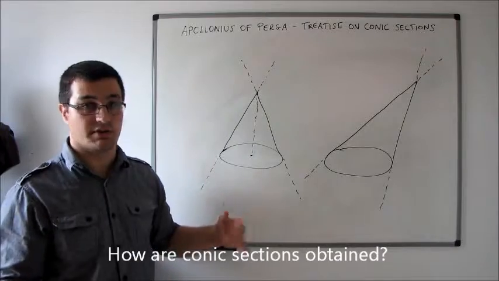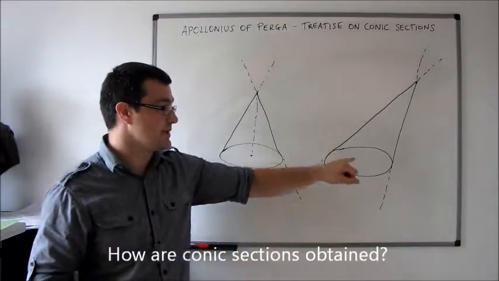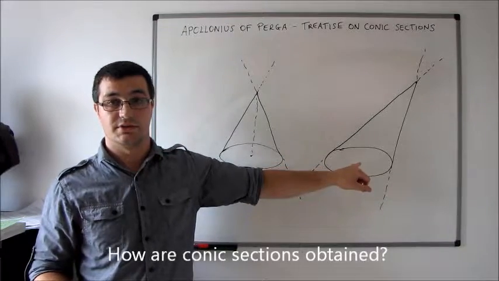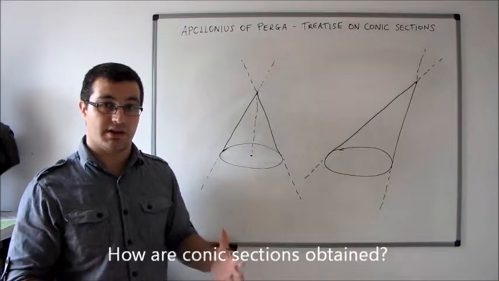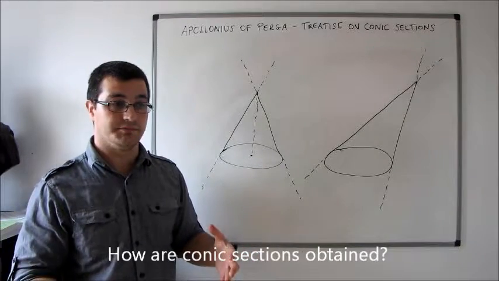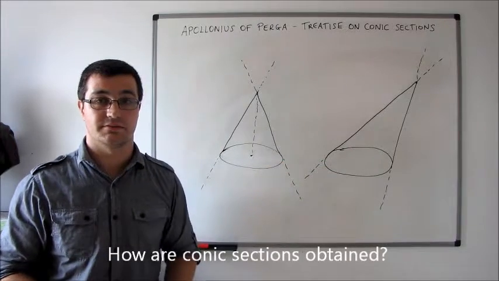But mostly in Apollonius's work, we're going to be dealing with these oblique cones. So whenever we talk about a conic section as being obtained from a cone, the assumption will be it's come from one of these.